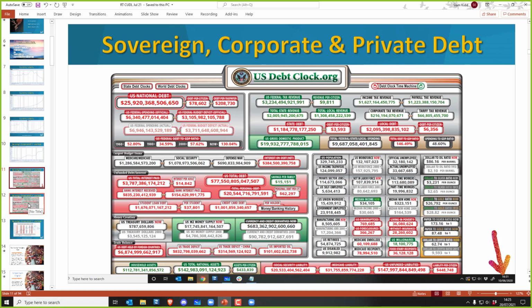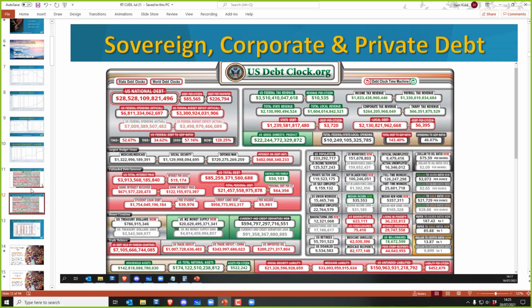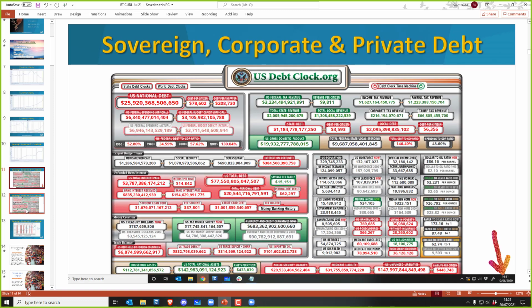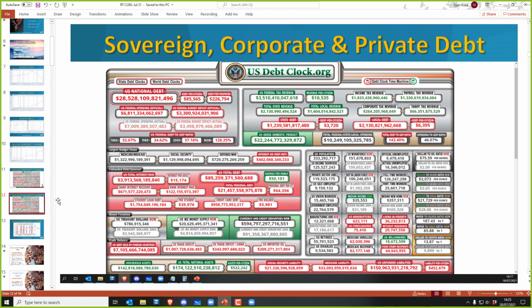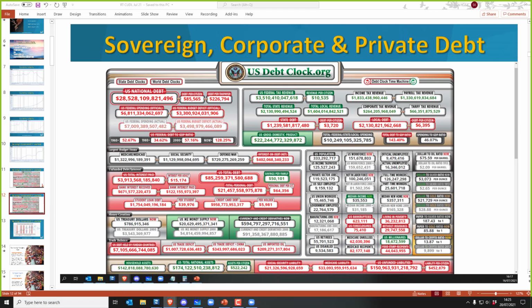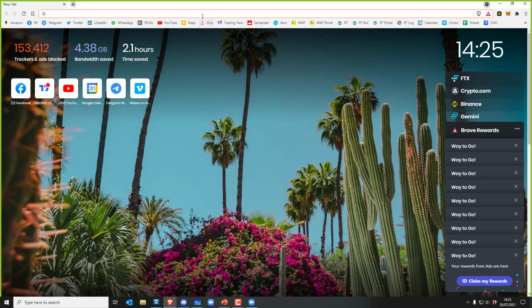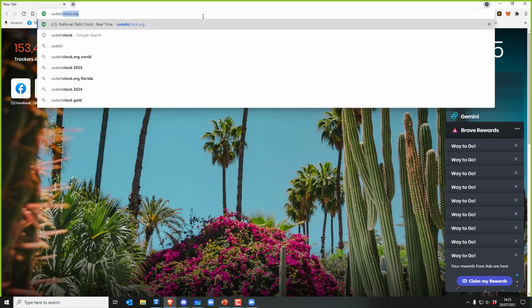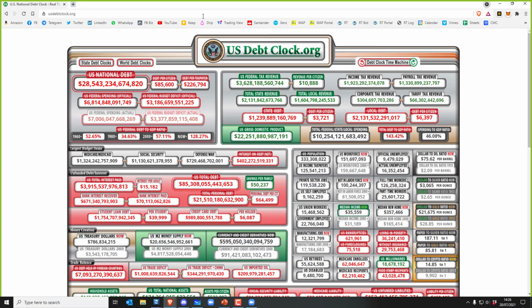And then I took a picture just before the weekend, and that's what it was. So it went up 3 trillion roughly. All of the numbers are just insane. But you need to actually look at the real debt clock as it's moving to really understand the shit show that the world is in. I know we're focusing on the US, but it's the same in every country.